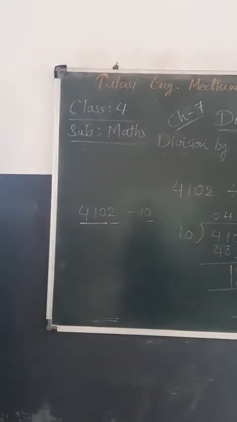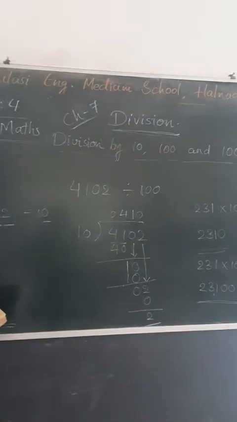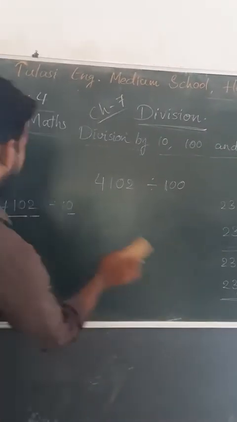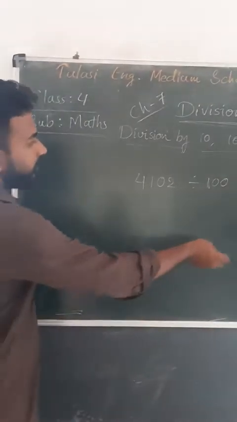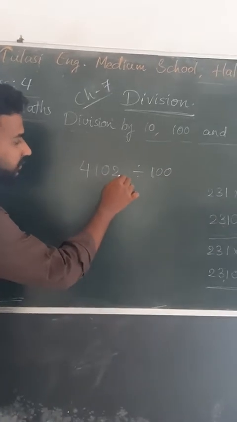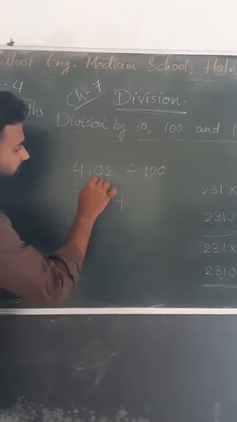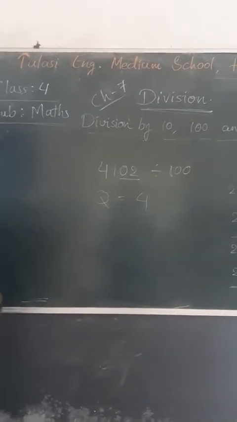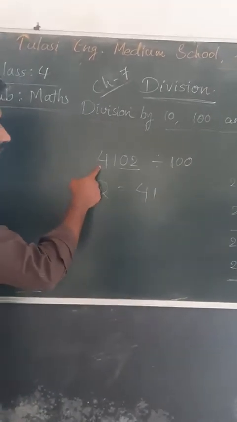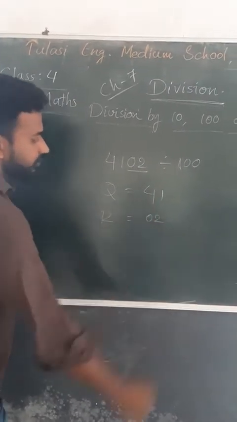If it is by 100, there are two zeros. You have to remove two places. So the quotient will be 41. These two places we have to remove. 41 will be the quotient and the remainder will be 2.